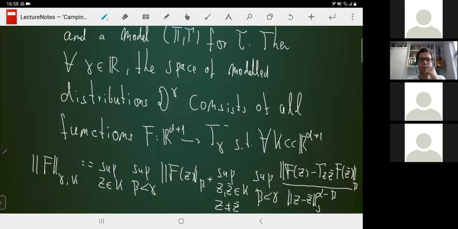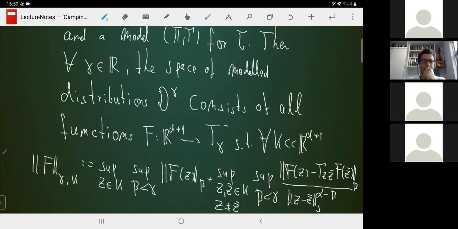Why does this need to have less than? It makes sense to have less regularity than gamma, right? Because in the examples, T minus gamma is all the irregularities below gamma, right?